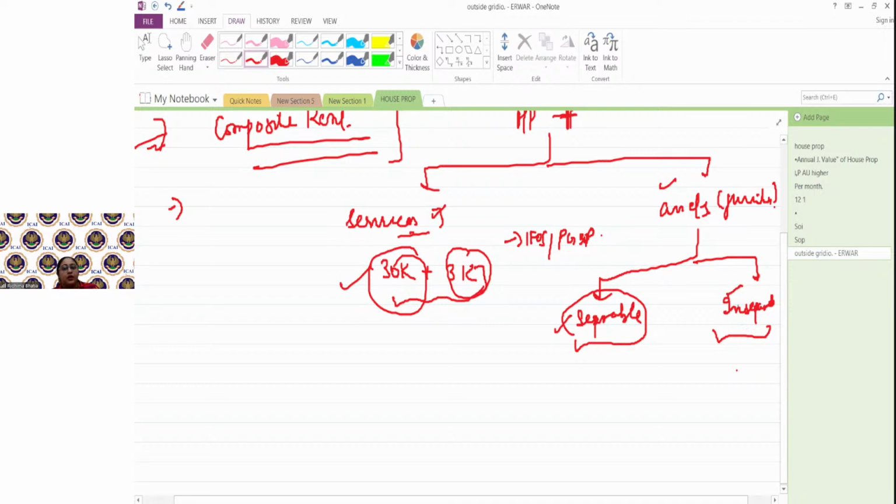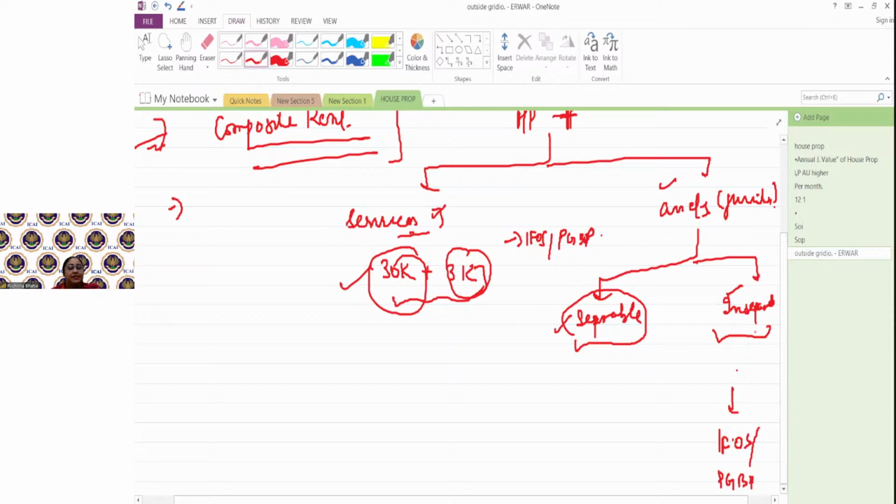That is inseparable. If the house property cannot be let out without the letting out of assets, which comes under the category of inseparable, then the entire rent of property and assets total would go under the head income from other sources or your PGBP as the case may be.